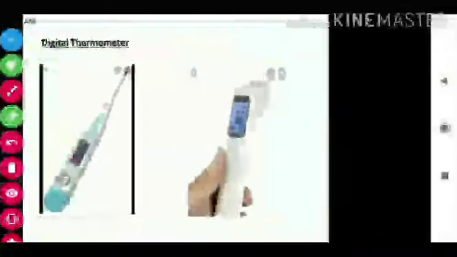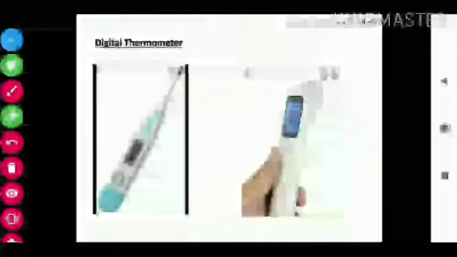this clinical or laboratory thermometer which has mercury. So there is another thermometer, that is the digital thermometer.